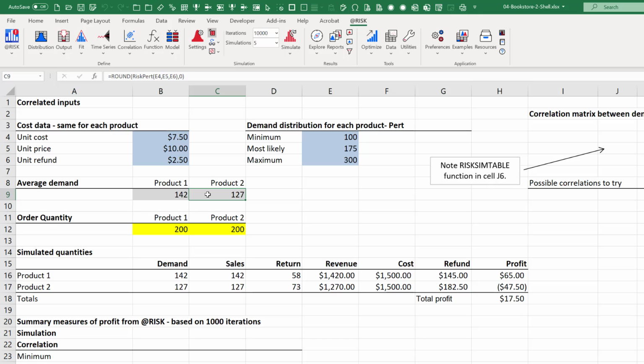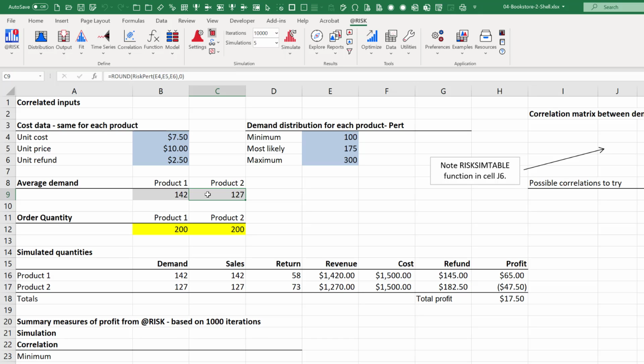are assumed to be completely independent. One doesn't affect the other. And that is one of the major mistakes that people make when they set up models, because the product demands often, especially similar products, will be correlated either together, that is, if the demand for one product goes up and the demand for the other product also goes up together with it, or it may be opposite direction.